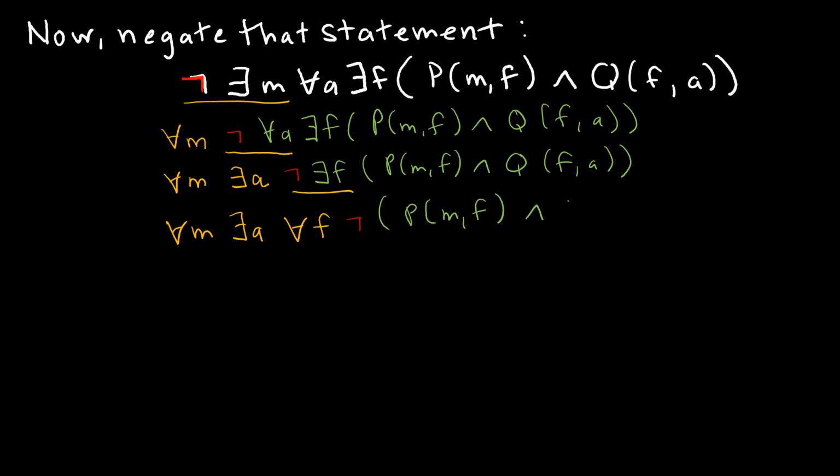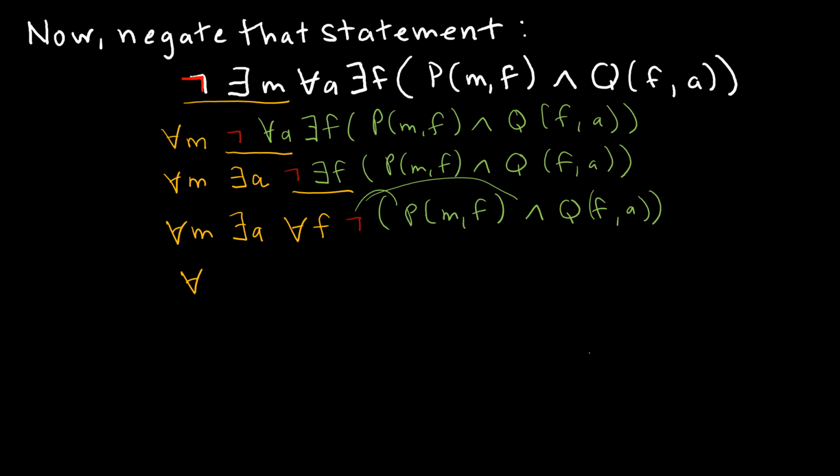Now, the last time we practiced a negation together, we stopped right here because all of the stuff on the inside, we just put a not in front of it and we were done. But now, hopefully, we see that we've got a little rule here, De Morgan, that says, hey, you know what? I can actually distribute that not to the inside.